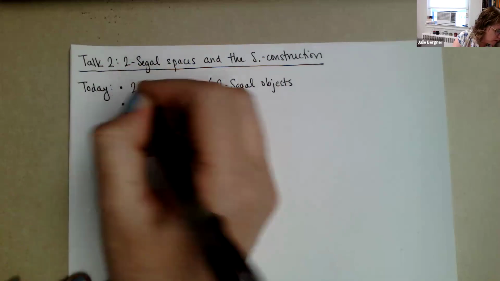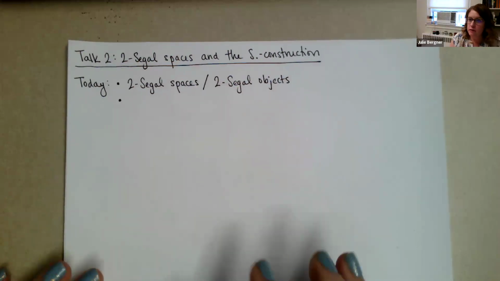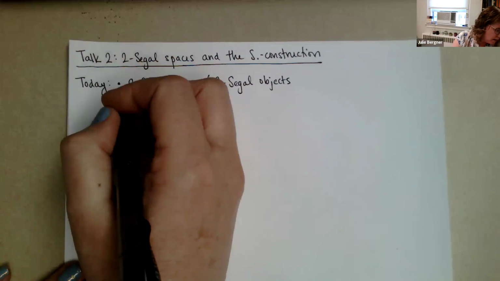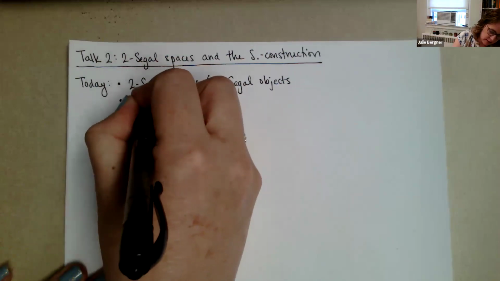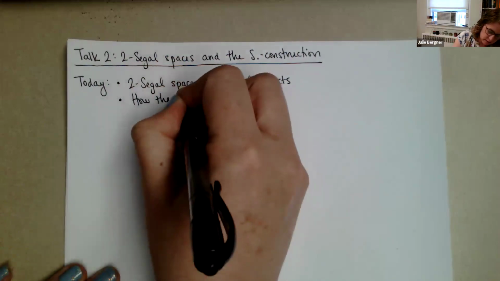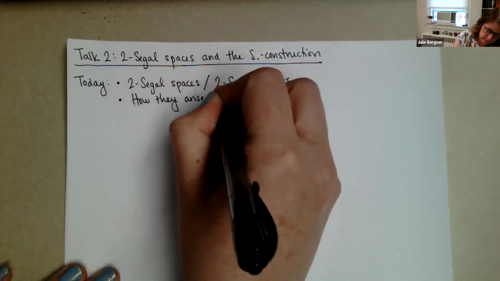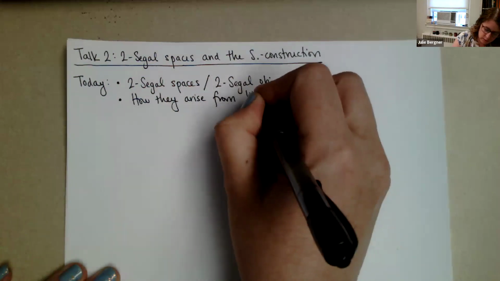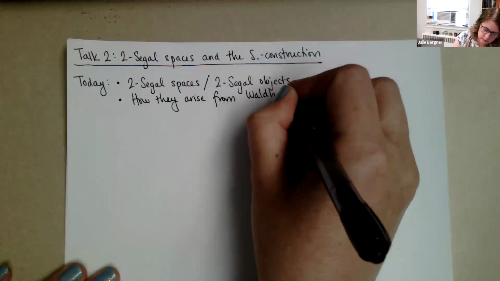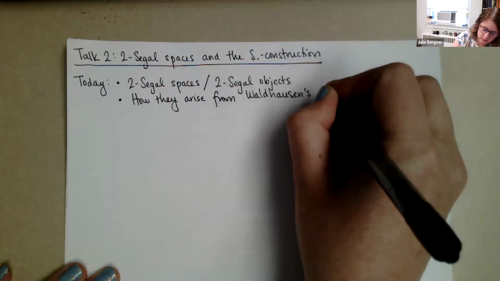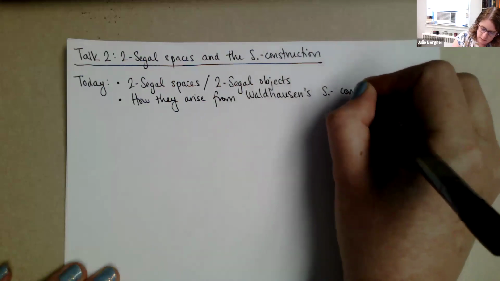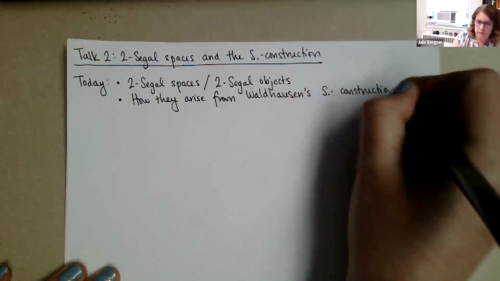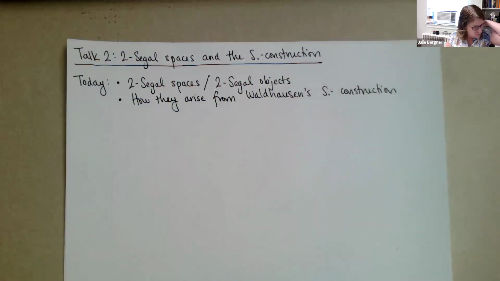And then how they arise from Waldhausen's S dot construction, which is important for algebraic K-theory.